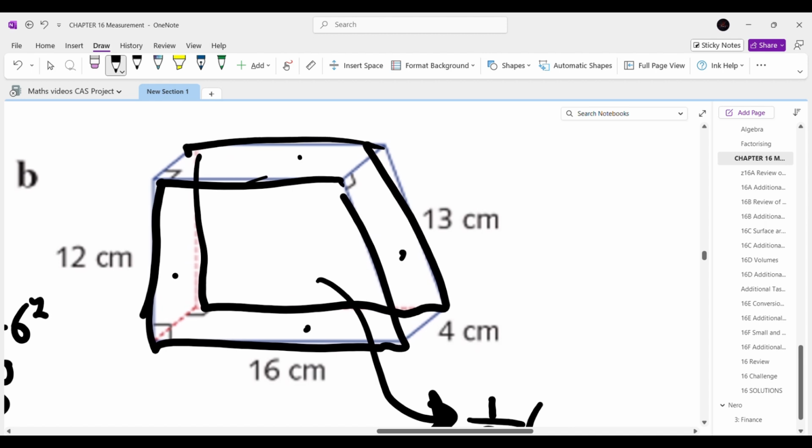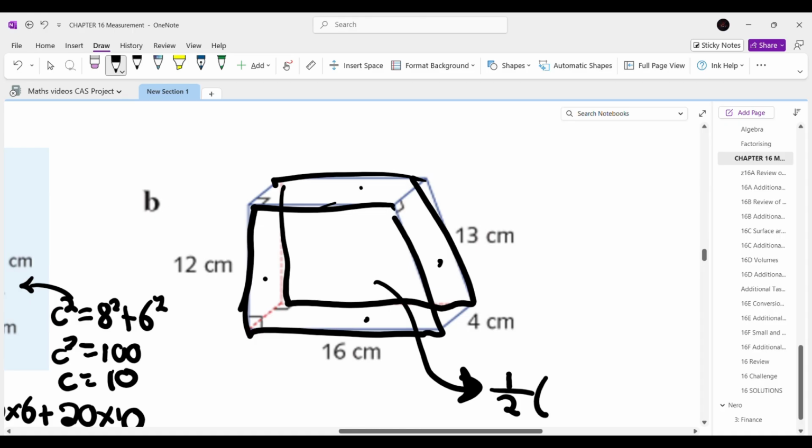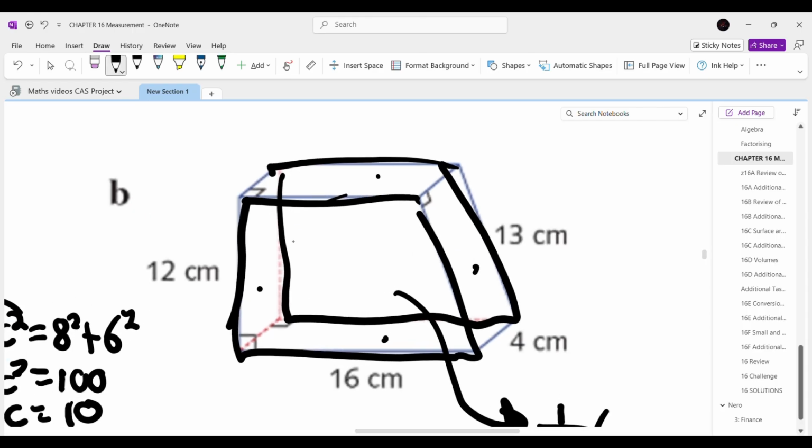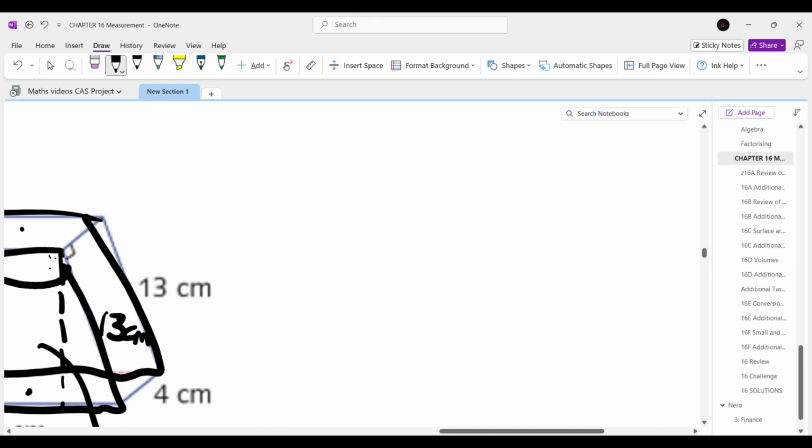Now interestingly here, it doesn't appear to give the top length. So what we can do, we can try and manually calculate what this length should be. We've got 13 centimeters here, and we're trying to calculate the height. And we've got 12 centimeters here, just forming up this triangle.